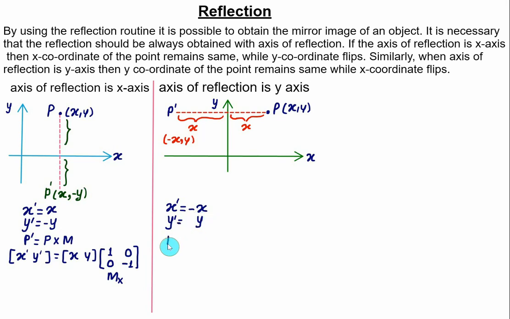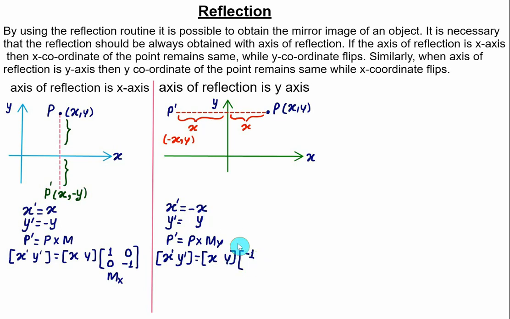So we have P prime equal to P times the mirror matrix about y. In this case we have P prime as x prime, y prime, equal to x, y. Now see the definition of the mirror matrix. X prime becomes minus x, so x is to be multiplied by minus 1.